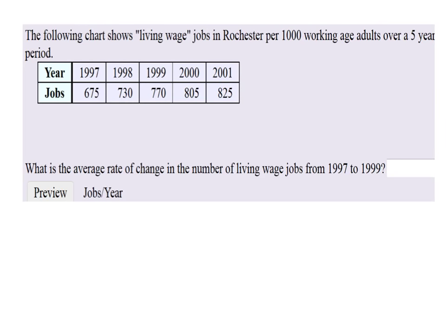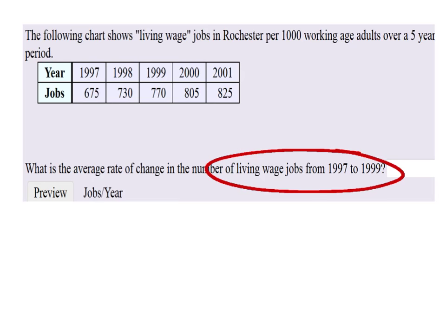The following chart shows living wage jobs in Rochester per 1,000 working age adults over a 5-year period. Here's the tricky thing on this one: you guys kind of want to use all 5 parts. But they told us we just want the average living wage jobs from 1997 to 99.